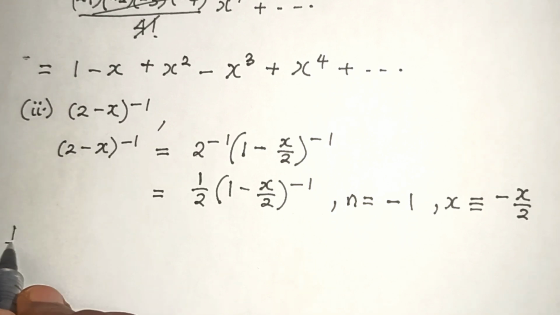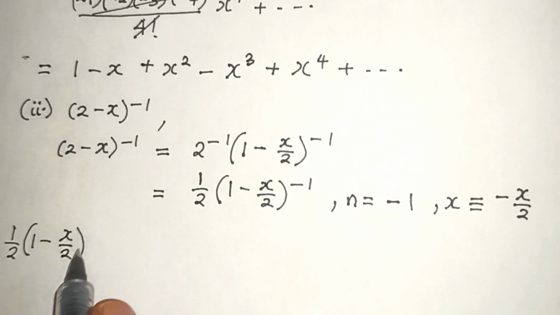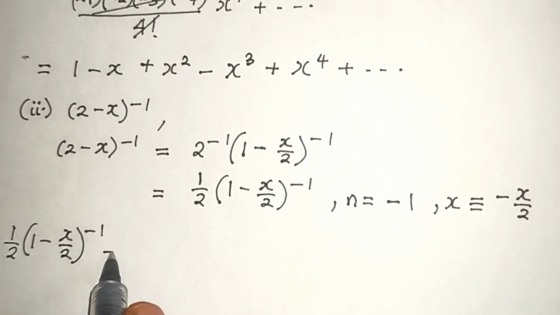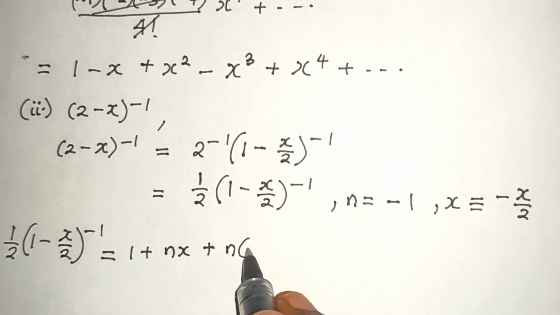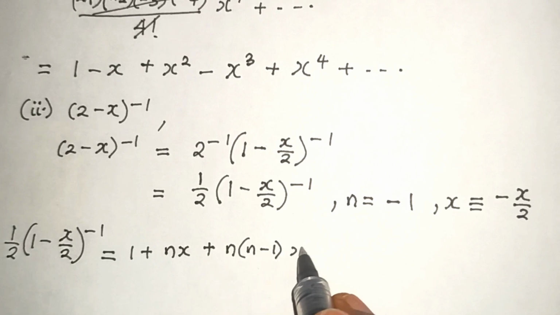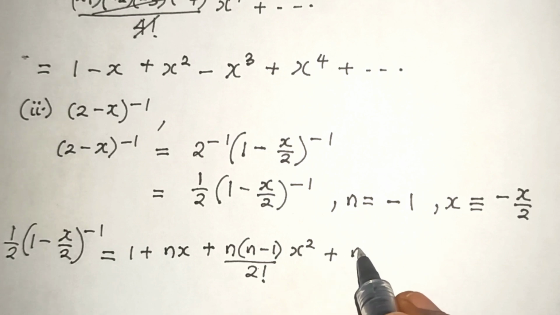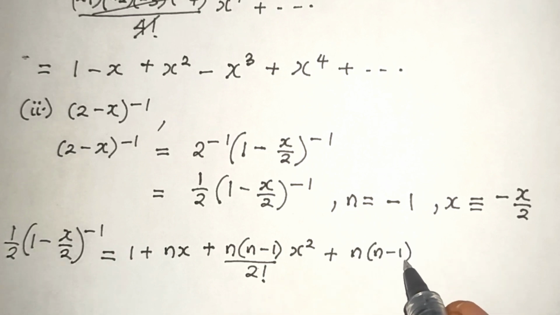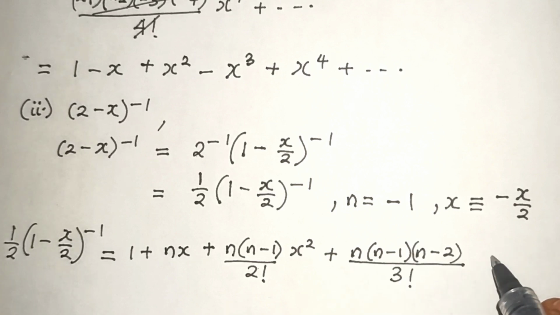Half into (1 minus x over 2) raised to the power minus 1 is equal to 1 plus n times x plus n into (n minus 1) x squared over 2 factorial plus n into (n minus 1)(n minus 2) over 3 factorial times x cubed and so on.